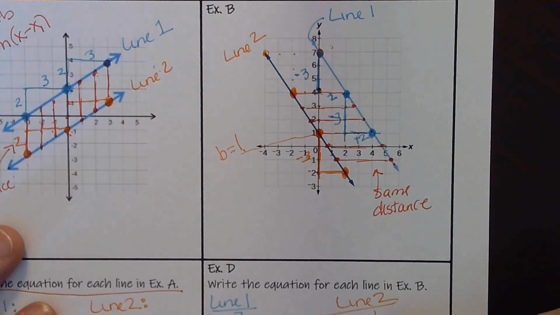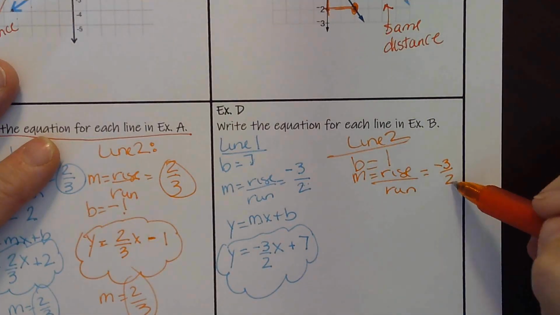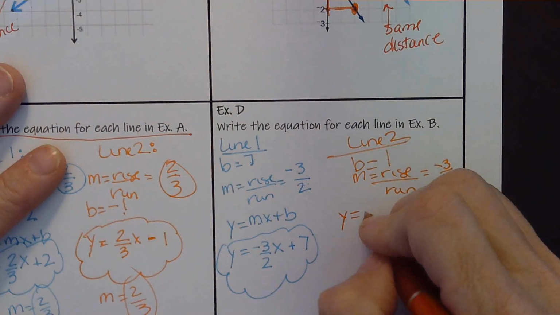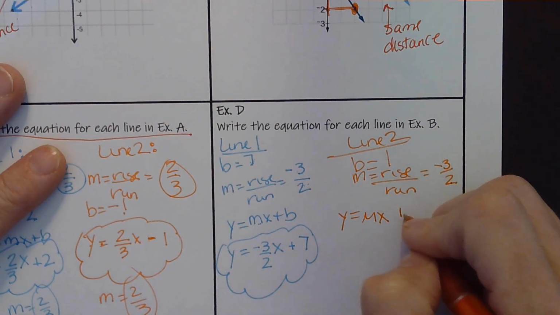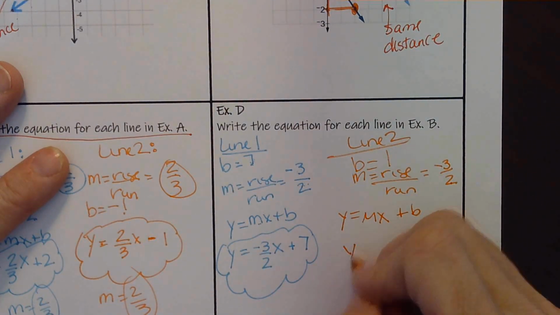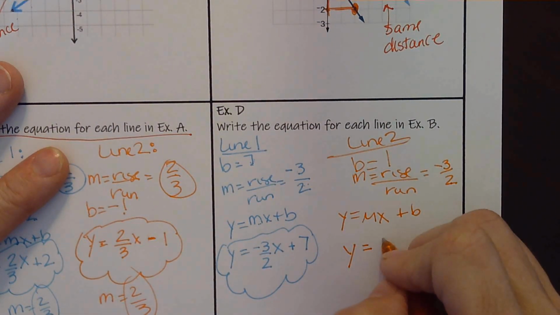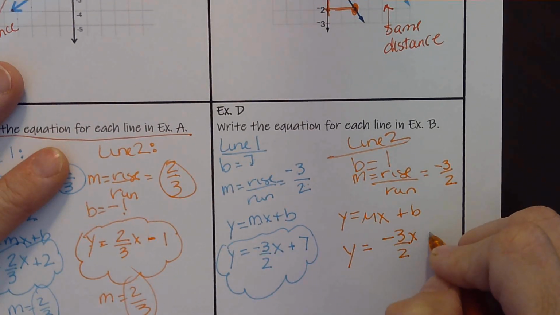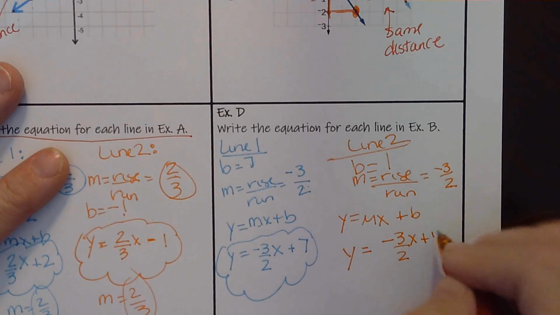So I have the y-intercept, I have the slope, so I have enough to write the equation for this line in y equals mx plus b form. And that would be y equals -3/2 x plus 1.